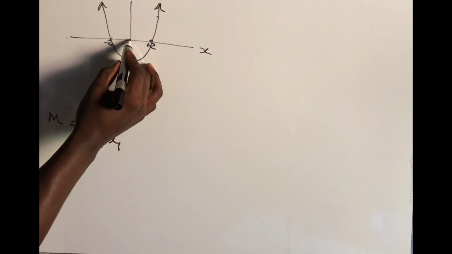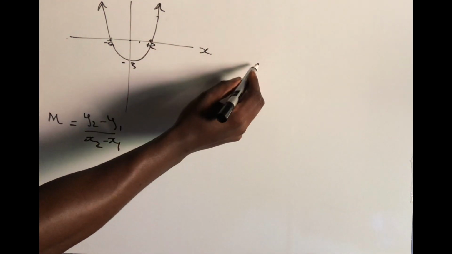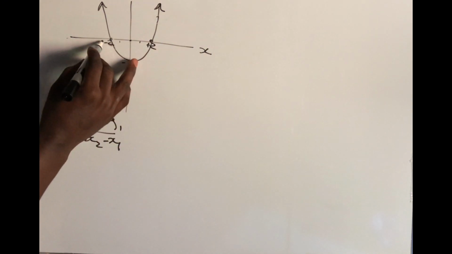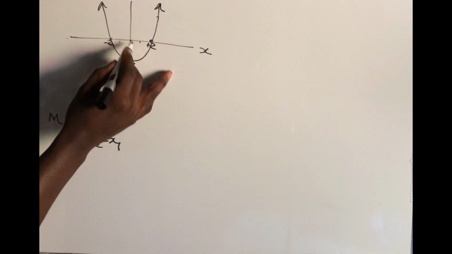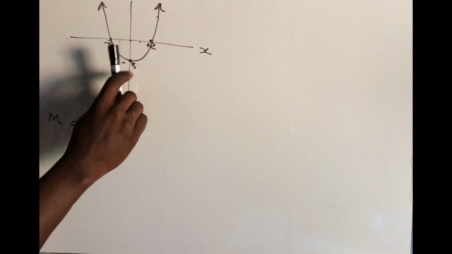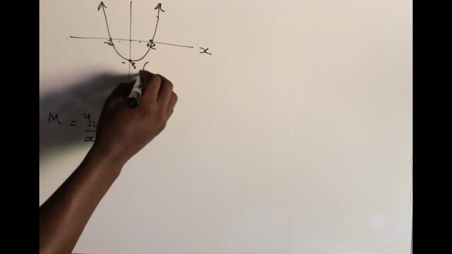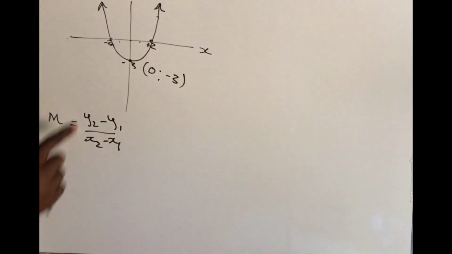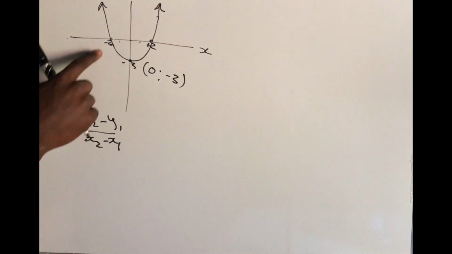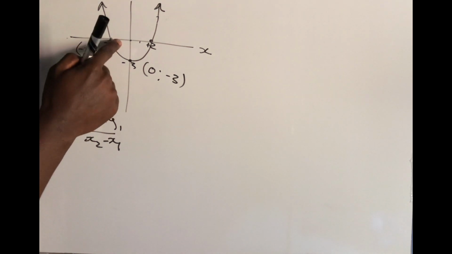These are the x-axis. X starts from 0, going 1, 2, 3, 4, and then negative 1, negative 2, until negative infinity. And here x is 0. That means x is 0 at this point, so this point is 0 to negative 3. And at this point, x is negative 2, but y is what?